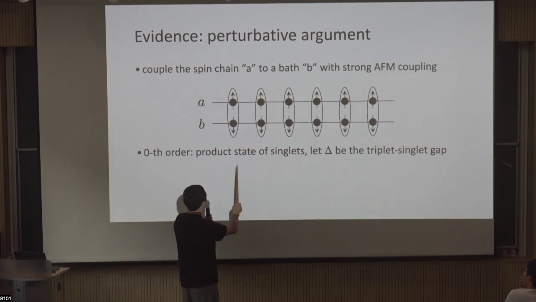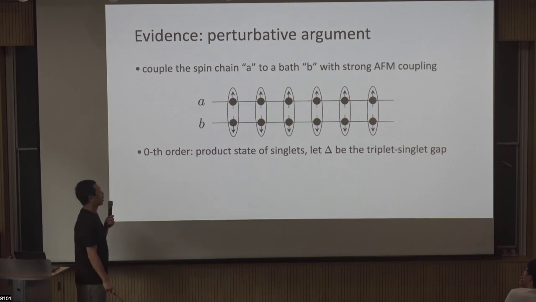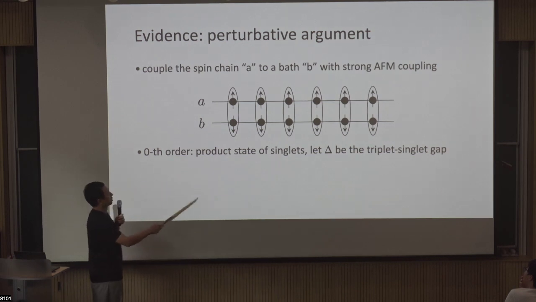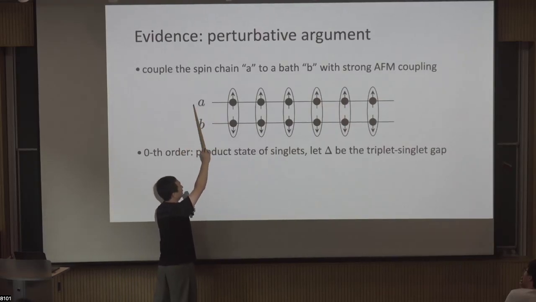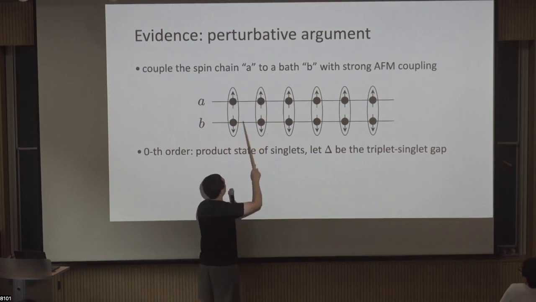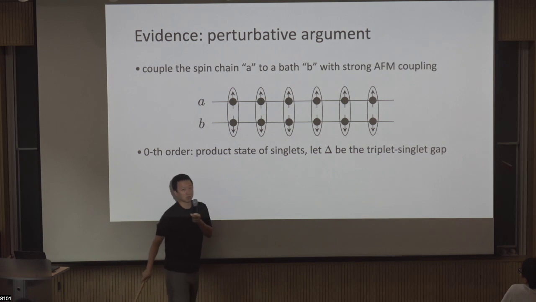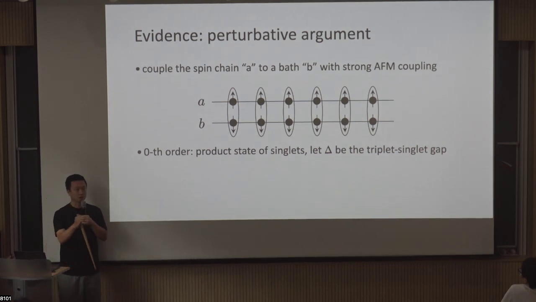Okay, that's the zeroth order answer. And the true question is when we really consider the coupling, there's some non-trivial coupling along the spin chain, like some interaction here, interaction there. What does the highly degenerate entanglement spectrum look like after this coupling?